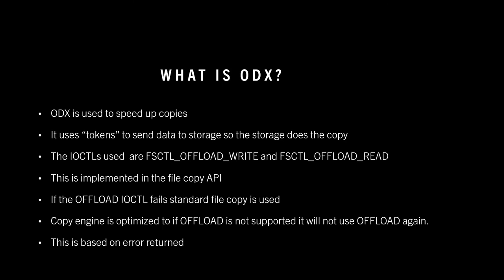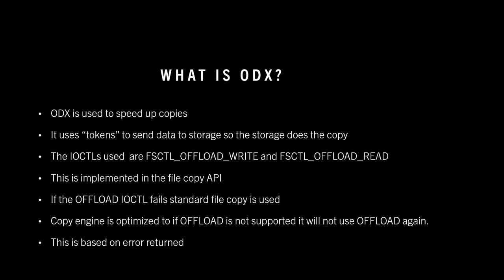The IOCTLs that are used to implement this feature are called FSCTL offload write and FSCTL offload read. And this is implemented in the file copy API. If the offload IOCTL fails, standard file copy is used. Now, the engine is also optimized, so if offload is not supported, it will not use offload again.